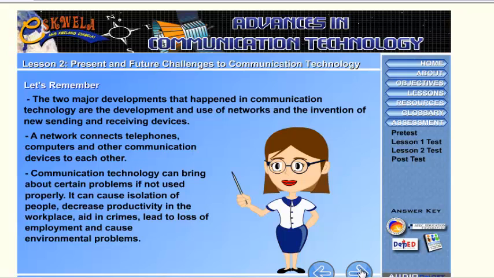Communication technology can bring about certain problems if not used properly. It can cause isolation of people, decrease productivity in the workplace, aid in crimes, lead to loss of employment, and cause environmental problems.